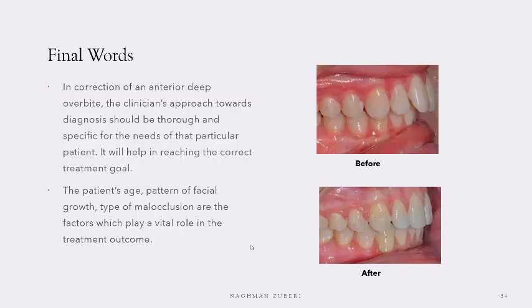The patient's age, pattern of facial growth, and the type of malocclusion, whether it is just class 1 malocclusion or class 1 div 1 or class 2 div 2 or whatever situation it is, are factors which play a very vital role in the treatment outcomes. So you have to keep in mind all these points before you start treating a case of deep overbite. It is not a very simple case. It will come with a lot of other complications.